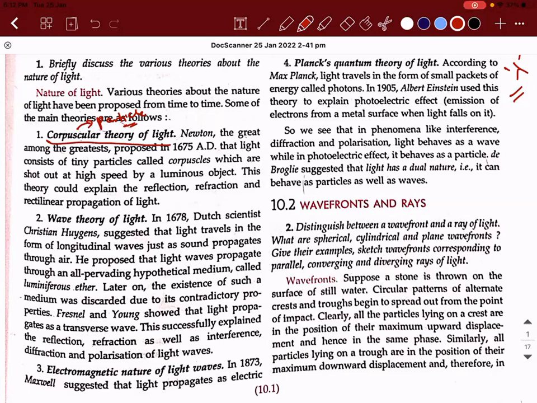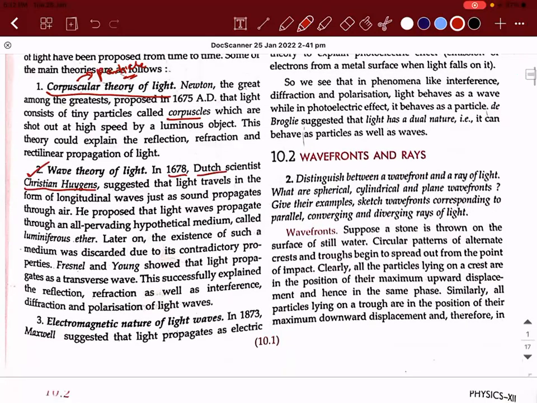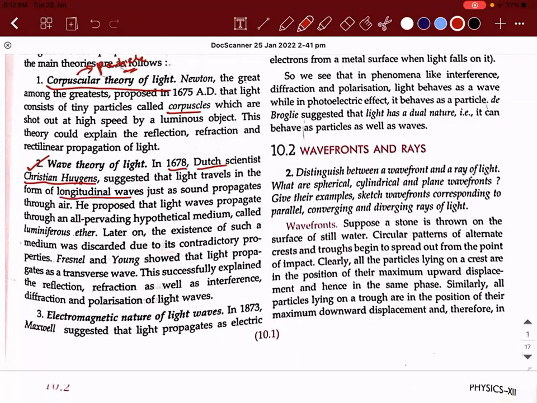But later, the wave theory of light came into the picture in the year 1678. A scientist named Huygens suggested that light travels in the form of longitudinal waves, just as sound travels. He proposed that light waves propagate through a hypothetical medium called luminiferous ether.